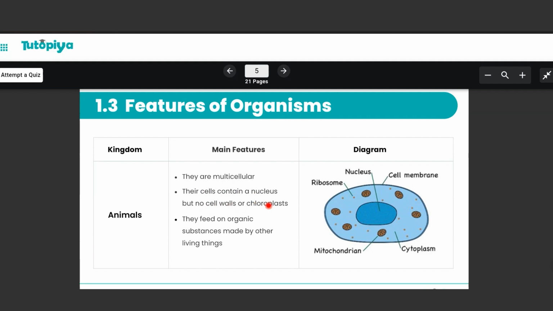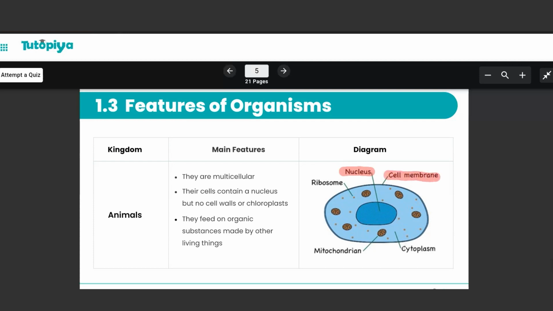Now what we're doing is we're taking a cell from an animal. If you take any animal and take a cell out of it and observe it under a microscope, this is what an animal cell is going to look like. Let's take a look at the main features of this animal cell. You can see that the cell has a nucleus, and we know that the nucleus holds the DNA. We can see a cell membrane running around the cell.